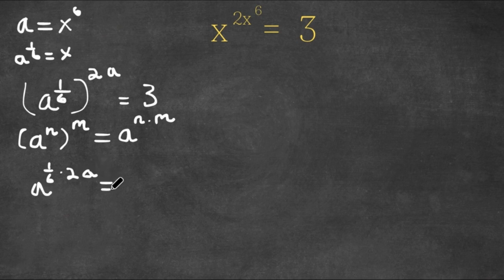And this is equal to 3. Now 2a times 1/6 is simply just a over 3. So we have a to the power of a over 3 is equal to 3.